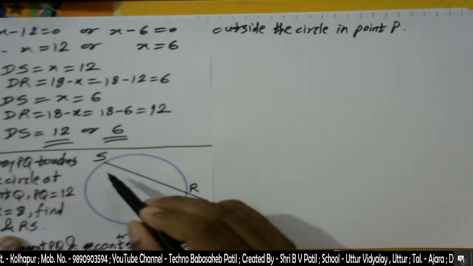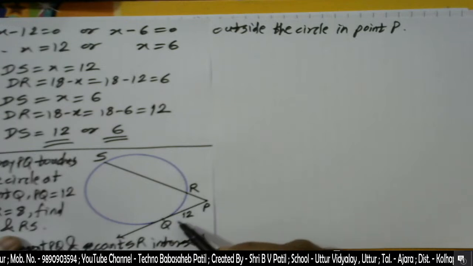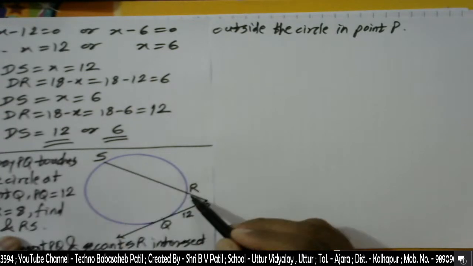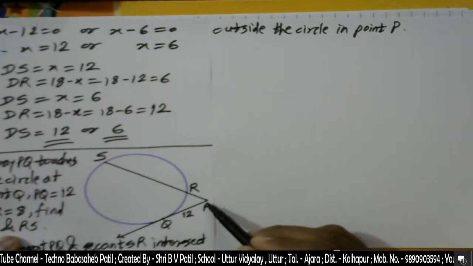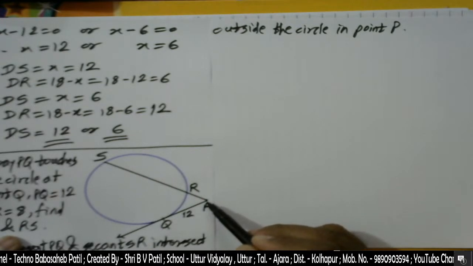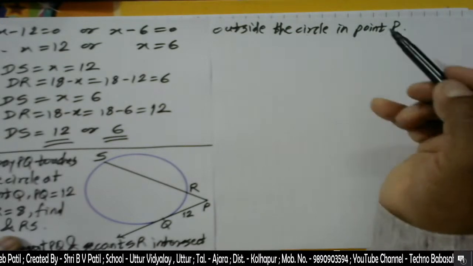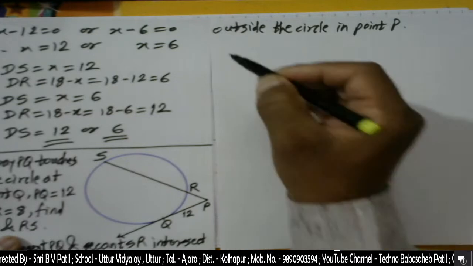PQ is the tangent and SR is the secant. They intersect at point P outside the circle.